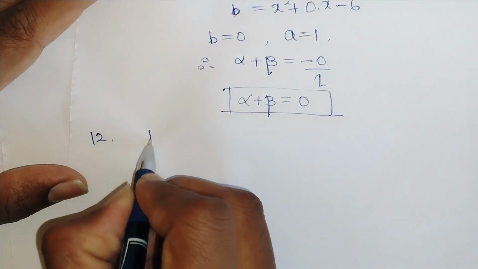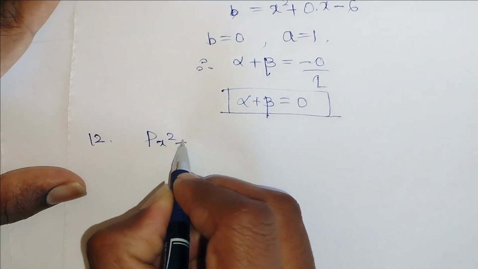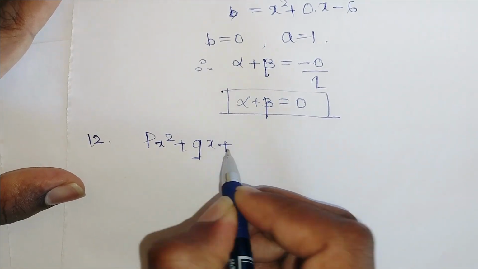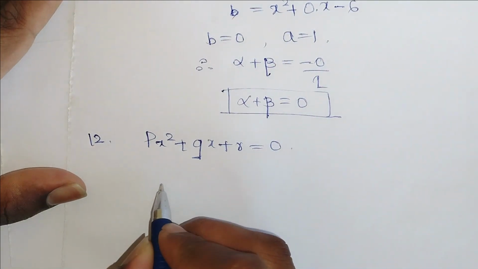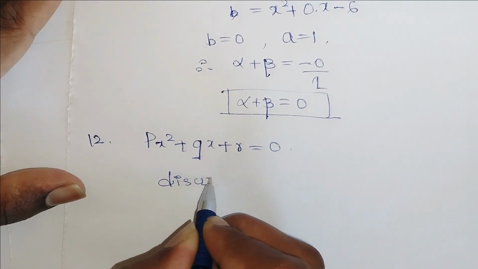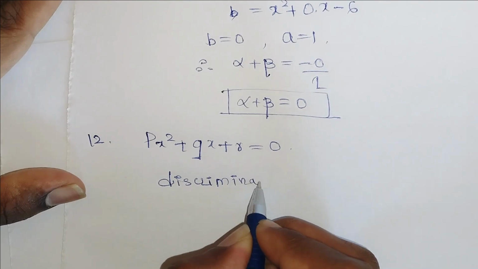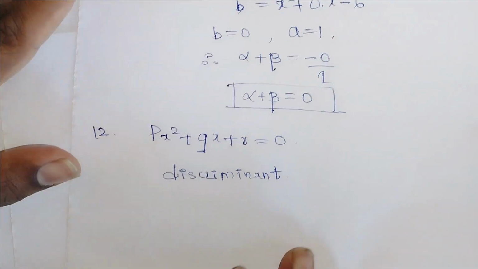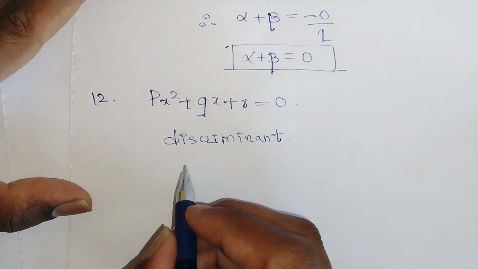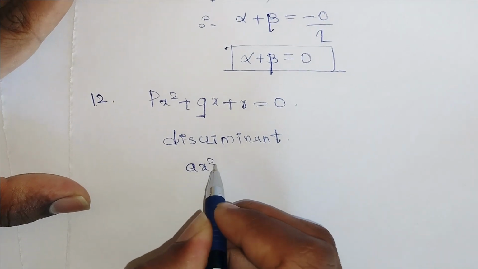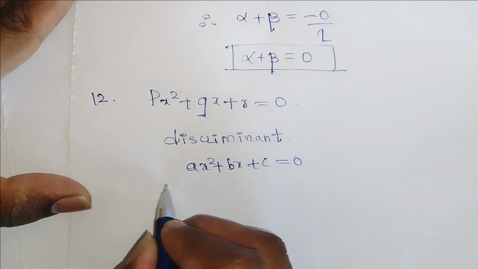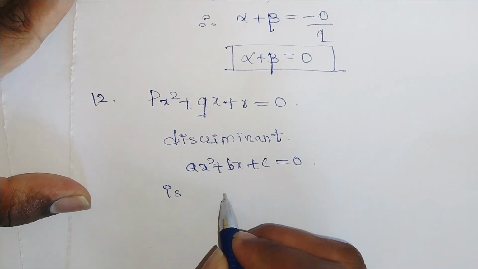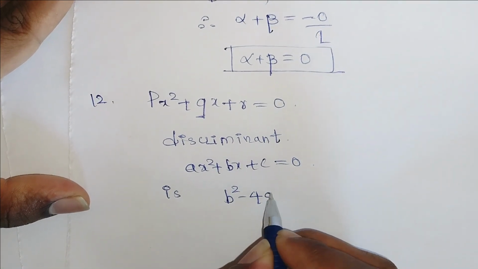We know that the discriminant of a quadratic equation ax square plus bx plus c equals 0 is b square minus 4ac.